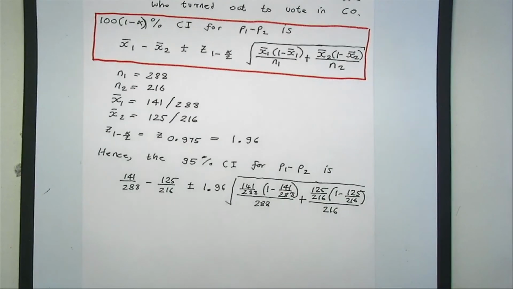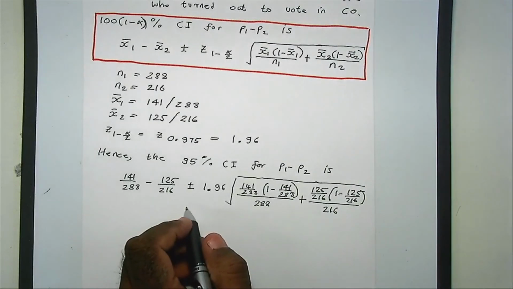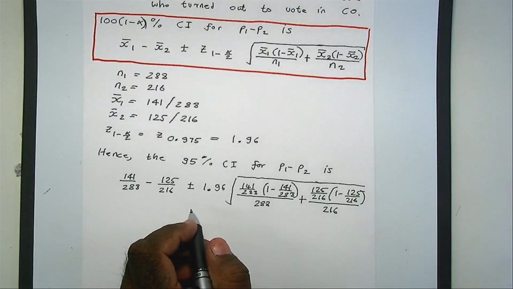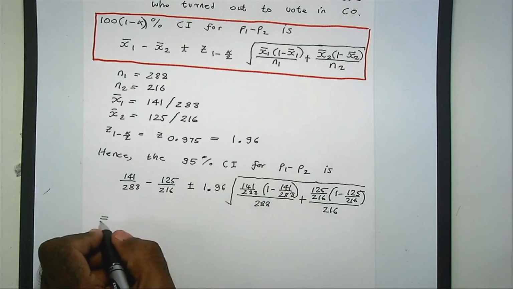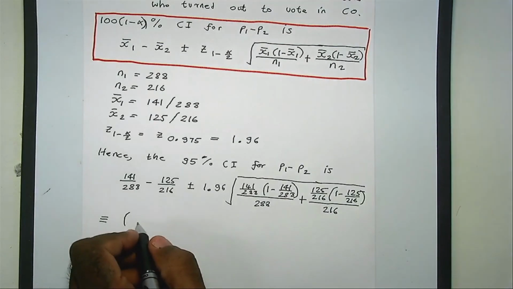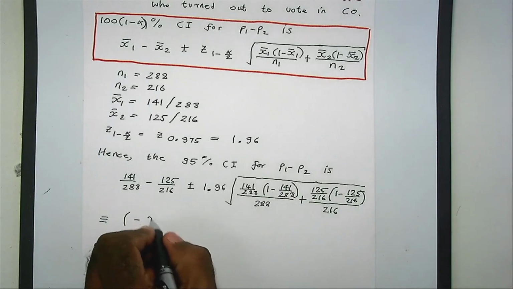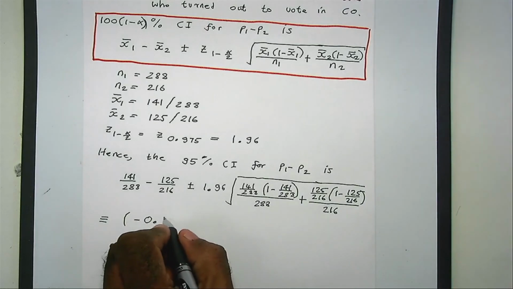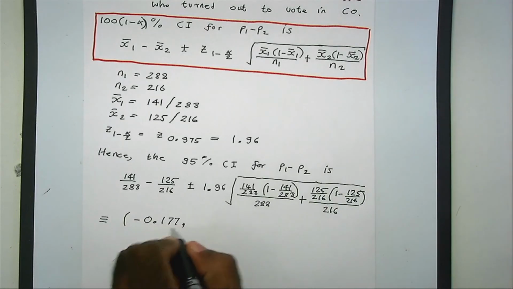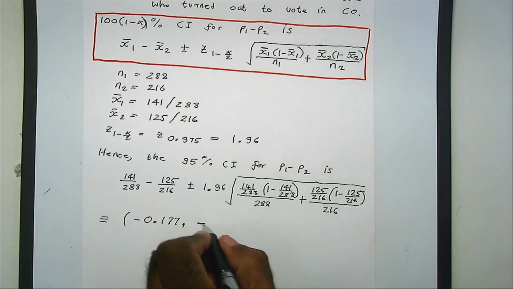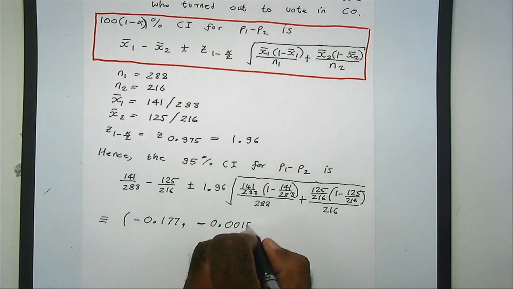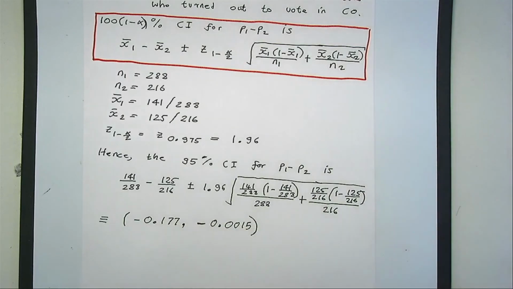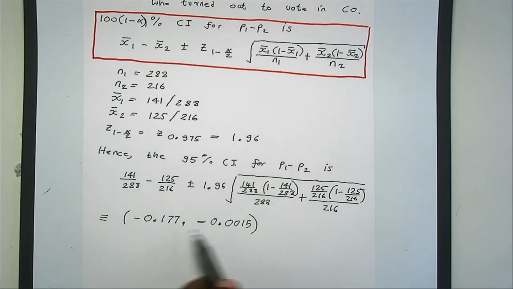Now if you work this out using a calculator, you will get the lower limit to be minus 0.177, and the upper limit to be minus 0.0015. So in this case, the confidence interval does not contain the value 0.